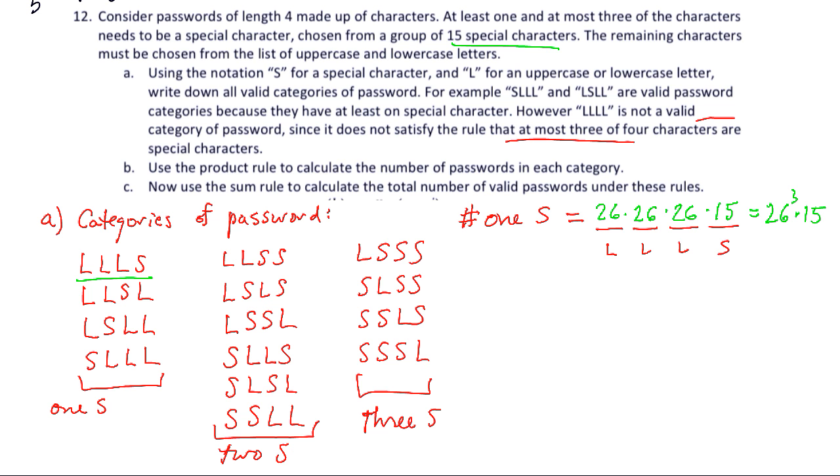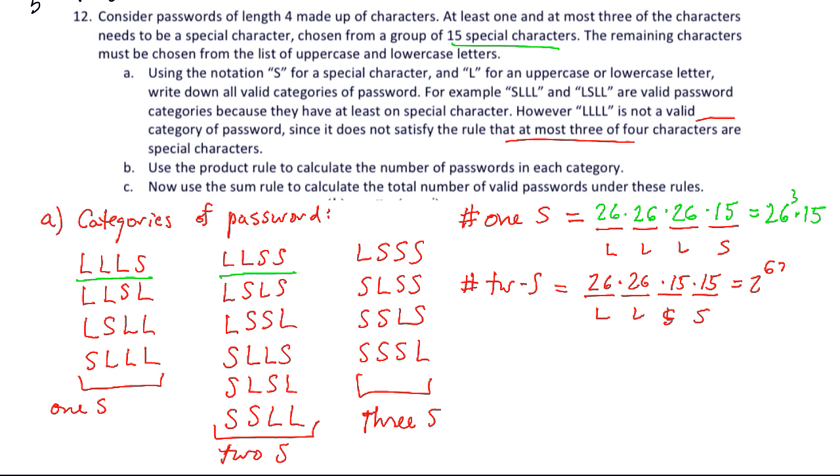In the 2S category, take LLSS. And again, I'm only taking one of them as a way of writing down the number. Here I'm going to get 26 times 26 times 15 times 15, or 26 squared times 15 squared.